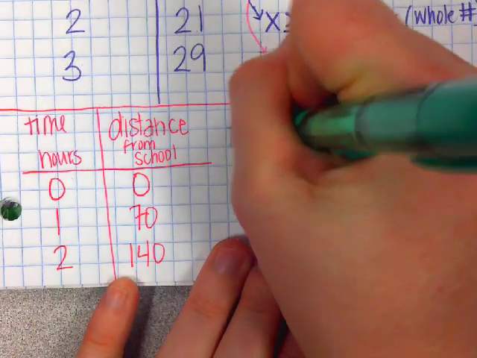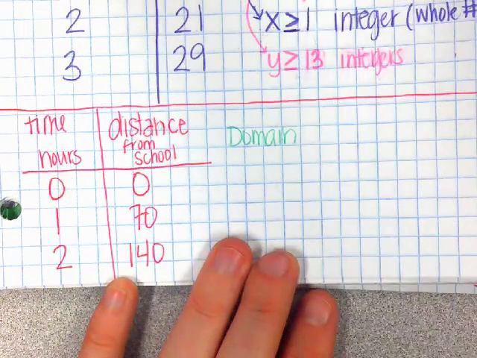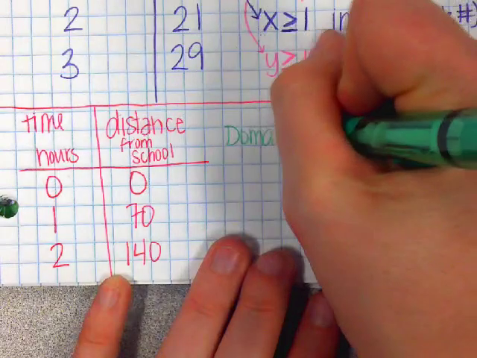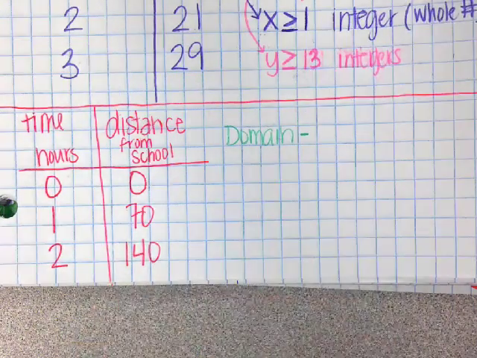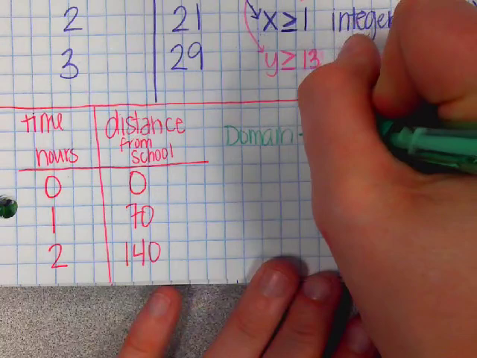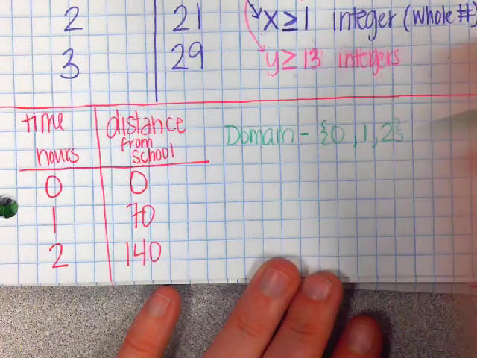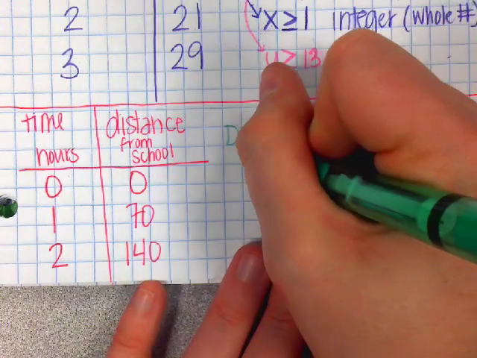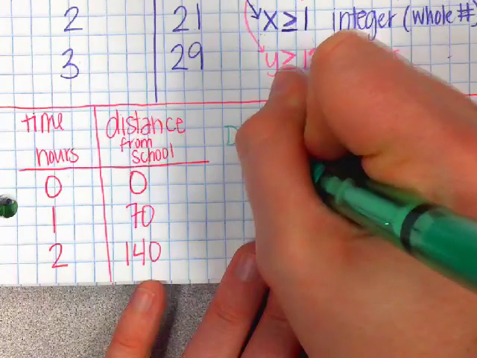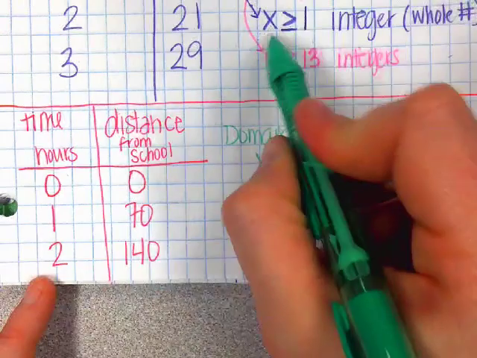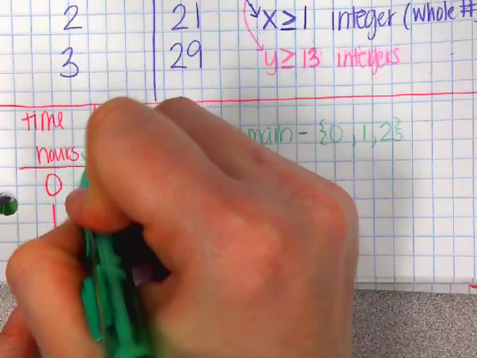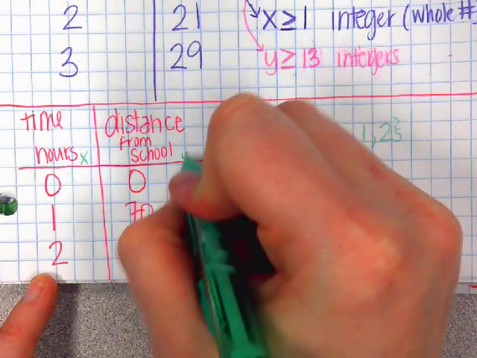Okay, so again, let's do domain first. So domain, let me see if you can see that color. Yeah, that's not too bad. So domain, I'm going to go ahead and list them first. So it's 0, 1, 2. Now, we need to think about it. And we're going to write it as an inequality.